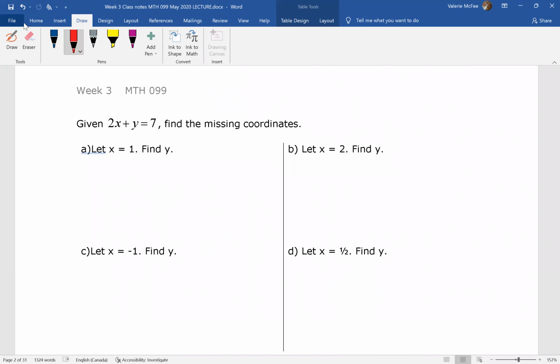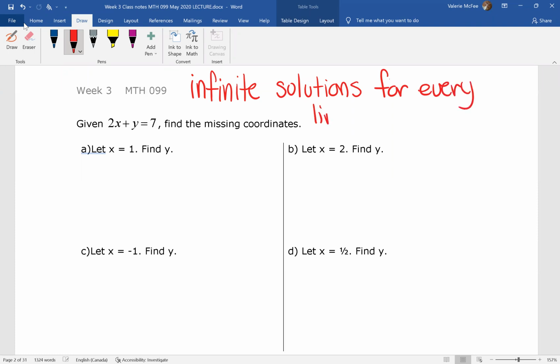In fact, there will be an infinite number of solutions possible. Now, remember, when we're talking about a solution, we're talking about those ordered pairs. I'm saying there are an infinite number of ordered pairs that give us a true statement.